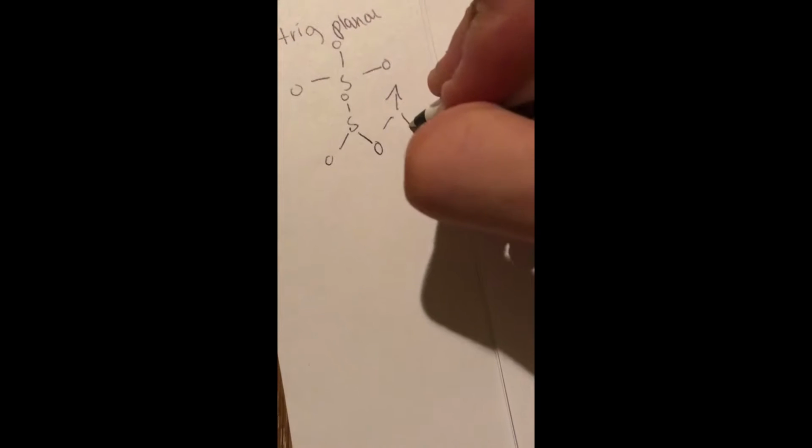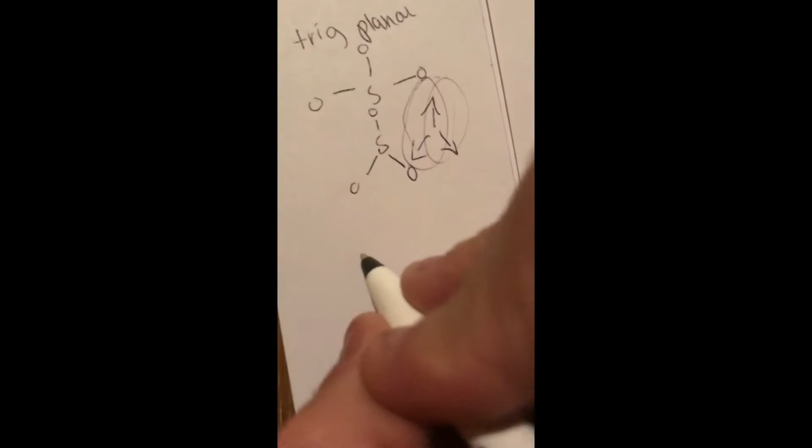This is actually not how they look. They're actually going to look like this. Since they're pulling up and these are pulling out, they all cancel because they're the same distance. Whenever they all cancel, we note it as a nonpolar molecule.